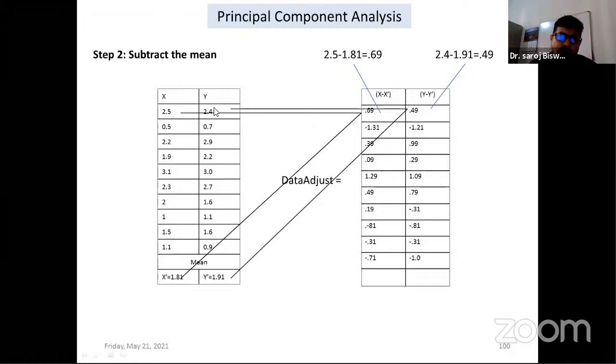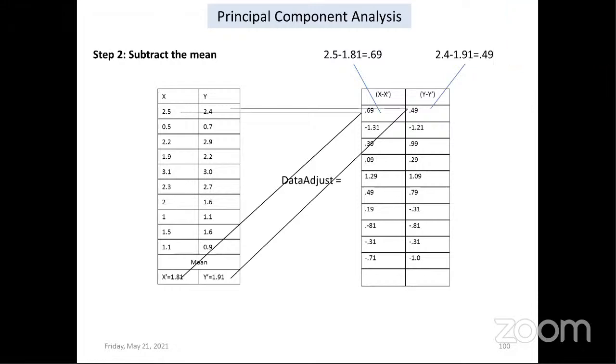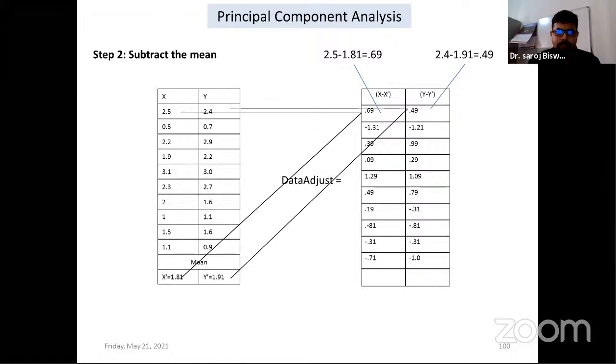Now similarly for all values of y, we need to do the same, and that value is stored here. So finally, this data is called data adjust. This part is clear, everybody? Any question here? Participants, any questions? No, sir. So step number 2 is done.